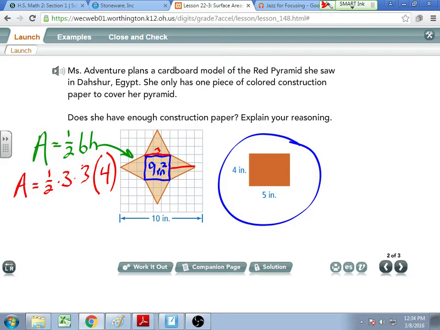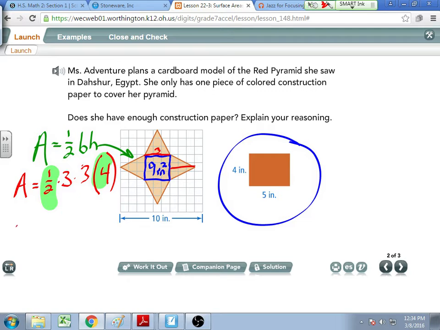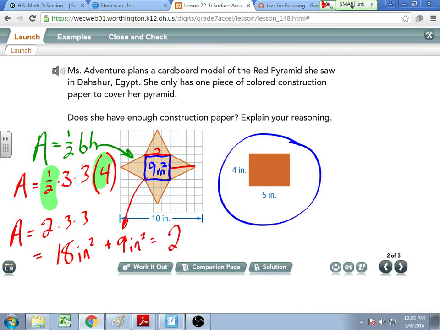So the easiest thing I can do first is 1/2 times the 4, and that's going to give me 2 times 3 times 3, and my 3 times 3 is 9, times 2 is 18, and that'll be 18 inches squared. So if I add my 9 inches squared that came from the center square there, I see that in total I need 27 inches squared.